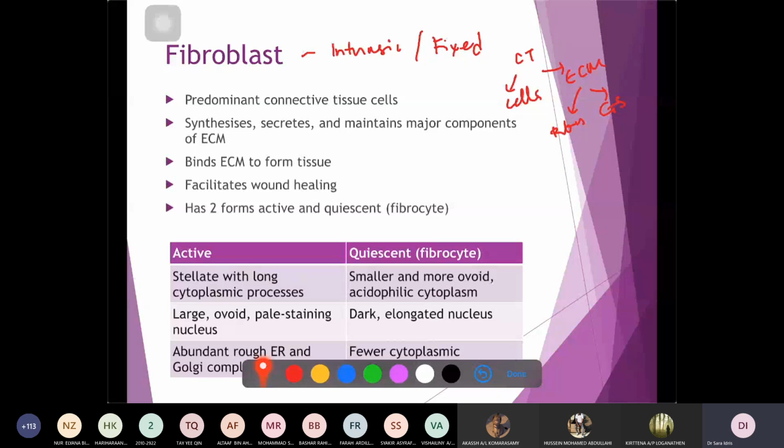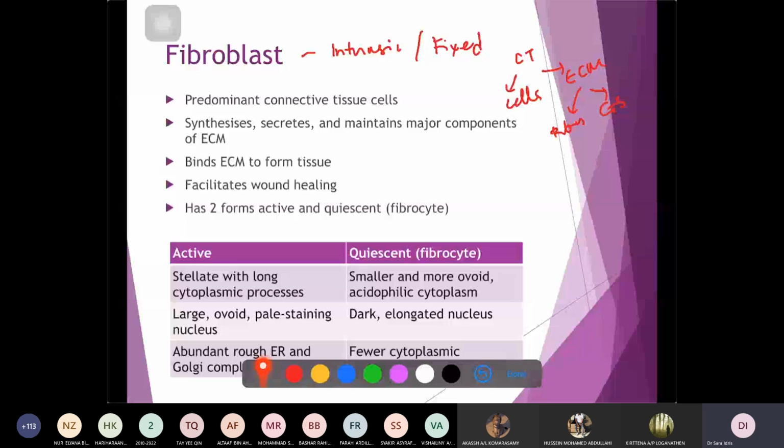So if you have an injury, like a wound, what helps to fill in all the spaces left behind by the wound is your extracellular matrix. So the fibroblast will help to synthesize this extracellular matrix to make sure that you heal the wound.